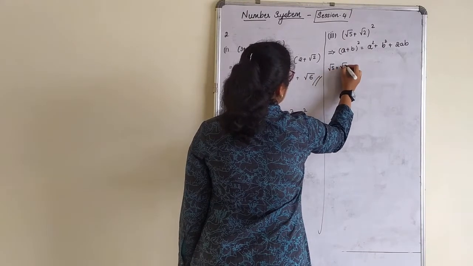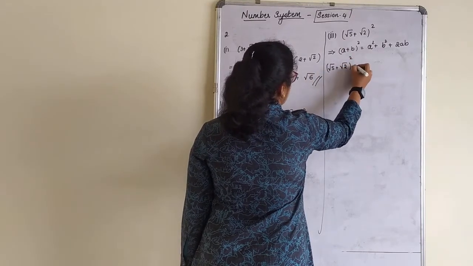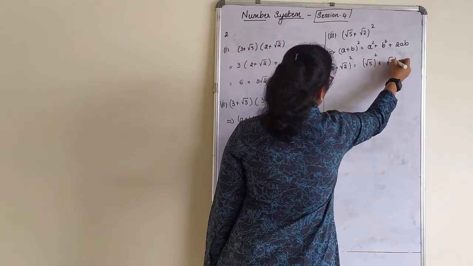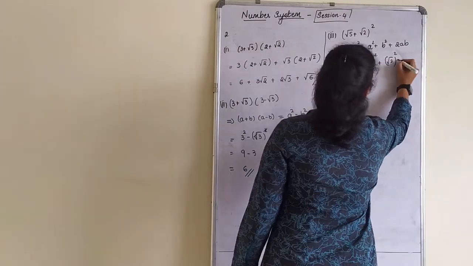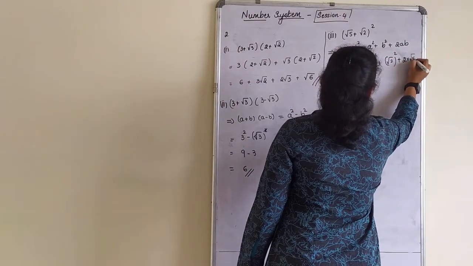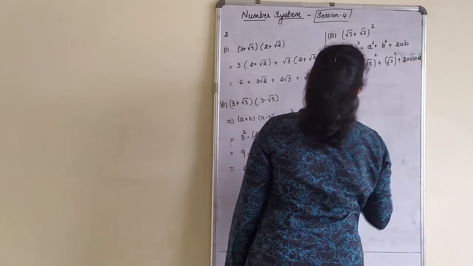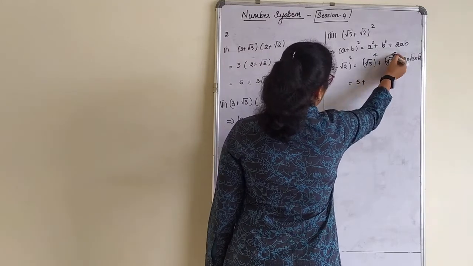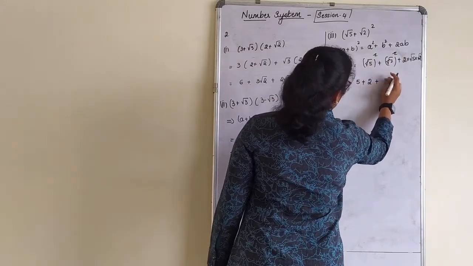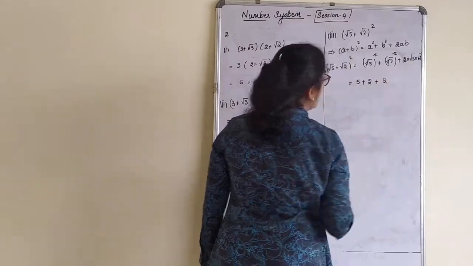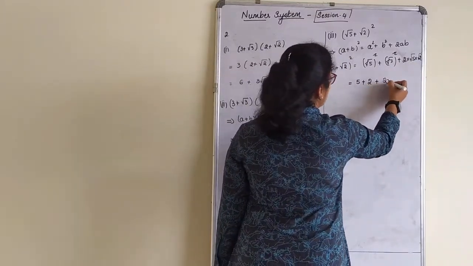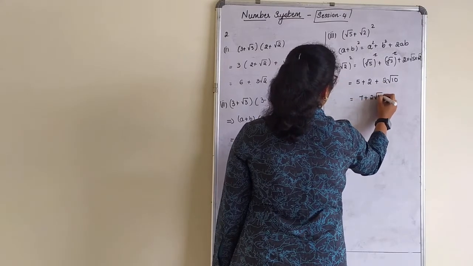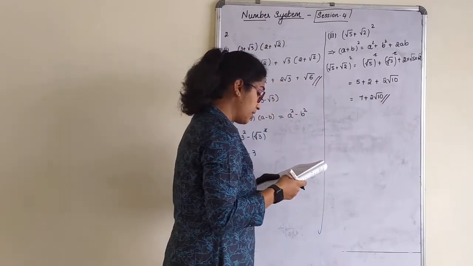Root 5 plus root 2 whole square is equal to root 5 whole square plus root 2 whole square plus 2 into root 5 into root 2. Root 5 whole square, root and square will get cancelled. 5. Root 2 whole square, root and square will get cancelled. 2. Plus 2 as it is. Root 5 into root 2 is root 10. 5 plus 2, 7 plus 2 root 10 is the answer.